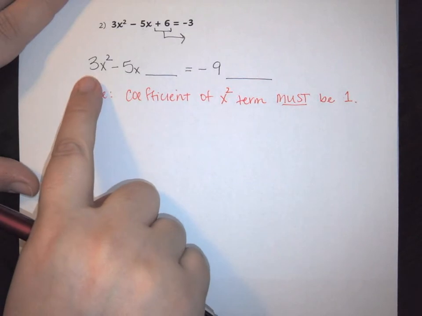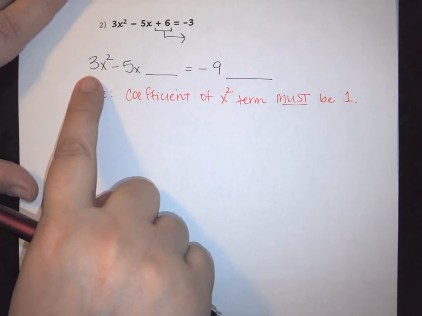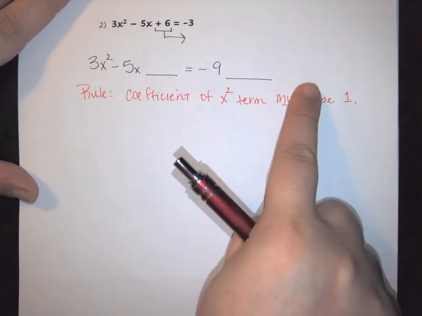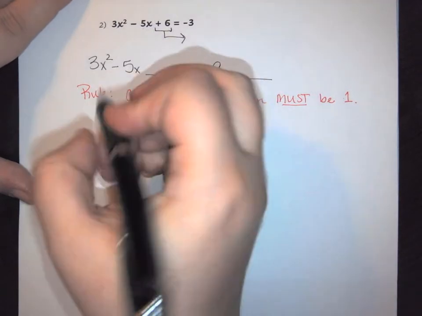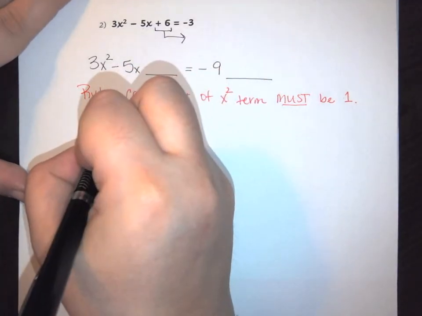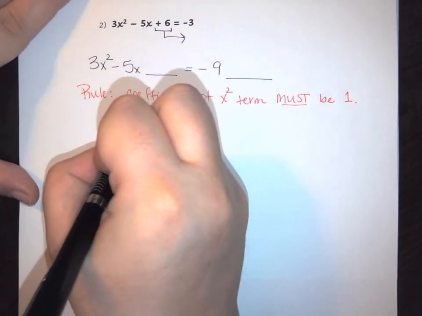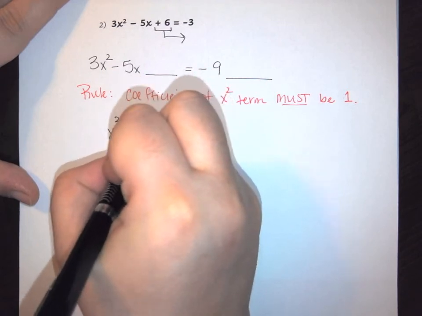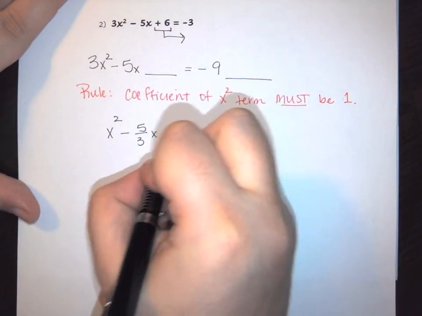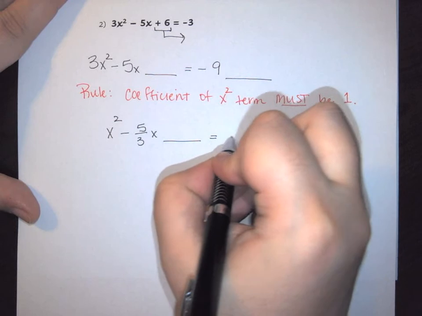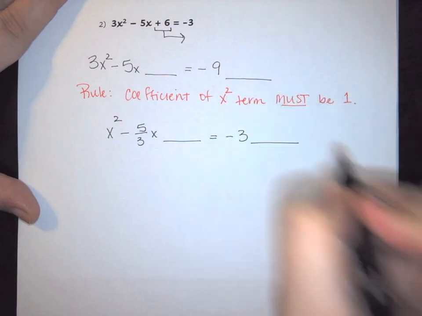In this case, it's a 3. So we have to make it 1 by dividing everything by 3. When we do that, we end up with an x squared minus 5/3 x, leave a space, is equal to negative 3, and leave a space.